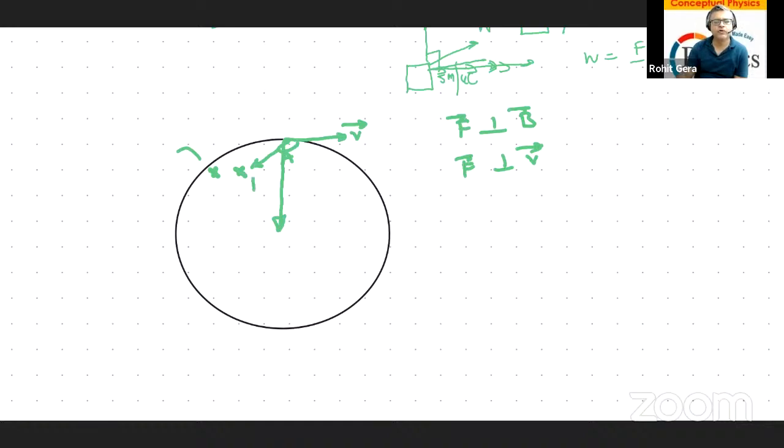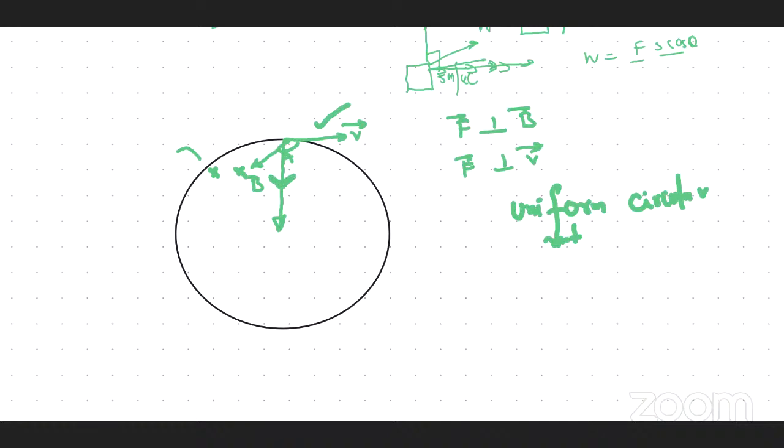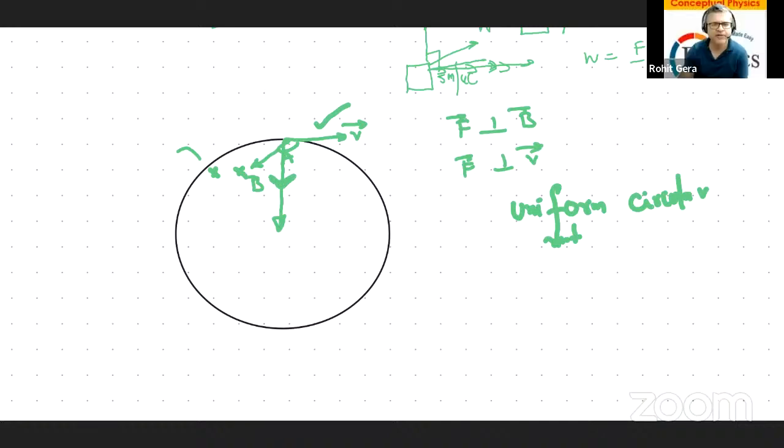Now, if you go back to class 11th, and we have not covered this as yet, in a uniform circular motion, the velocity is always tangent to the circle, perpendicular to the centripetal force. So if you consider this point, the velocity is downward, but the centripetal force is towards the center.